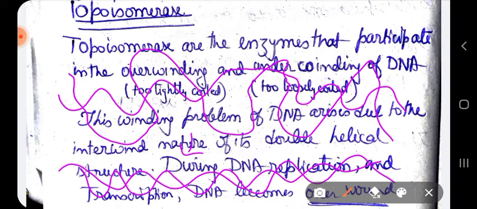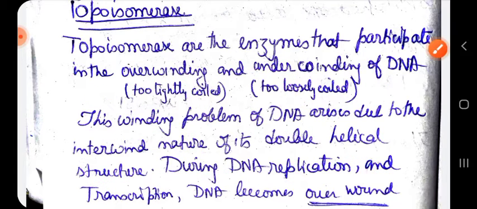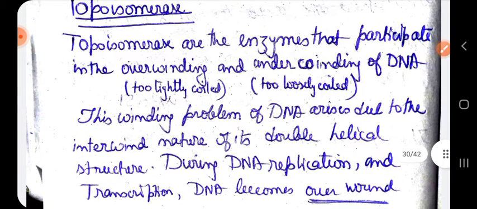Due to unwinding of the two DNA strands, what happens when helicase moves in the direction of the replication fork? Ahead of the replication fork, too much coiling occurs and a type of knot occurs that leads to overwinding of DNA.